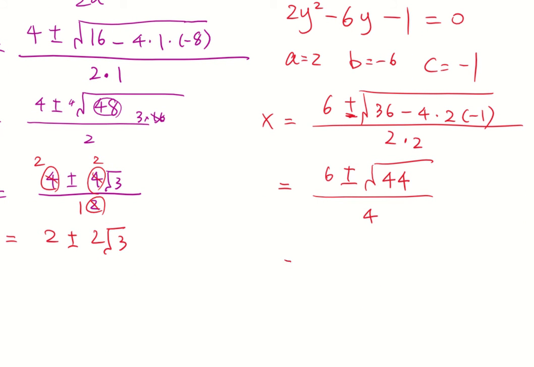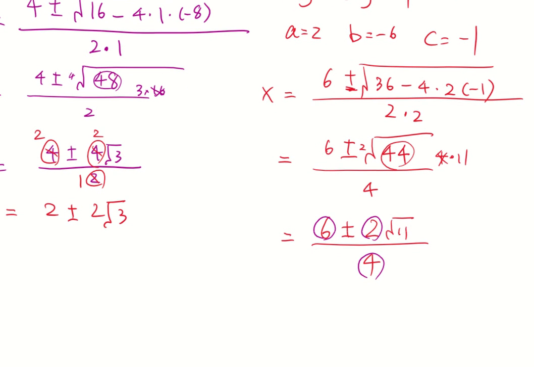Okay, square root of 44 could be simplified because 44 is 4 times 11. This 4 can actually come out as a 2. Right, so you have 6 plus or minus 2 square root of 11 over 4 here. So now these three terms have a common factor we can cancel out.